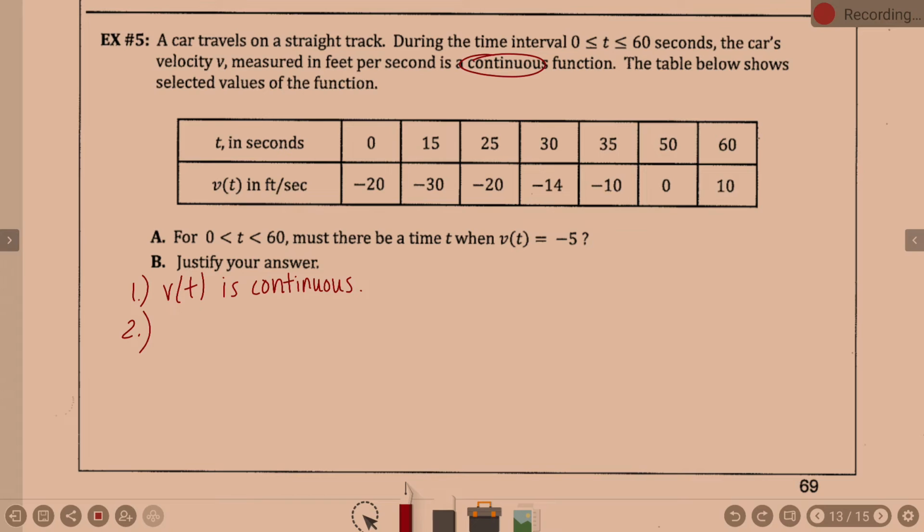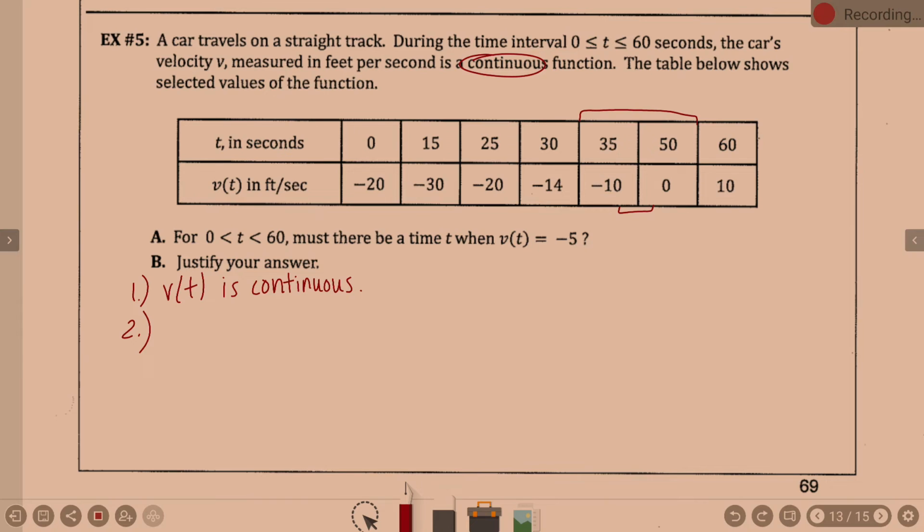Could we use 0 to 60? Does that work? Yes. Now, in my notes I narrowed it down, and I don't see any reason you couldn't do it either way. What's the other option we could look at here? 35 to 60. Don't even have to go 35 to 60. You can just look at 35 to 50, because that's where you get the -5, isn't it?